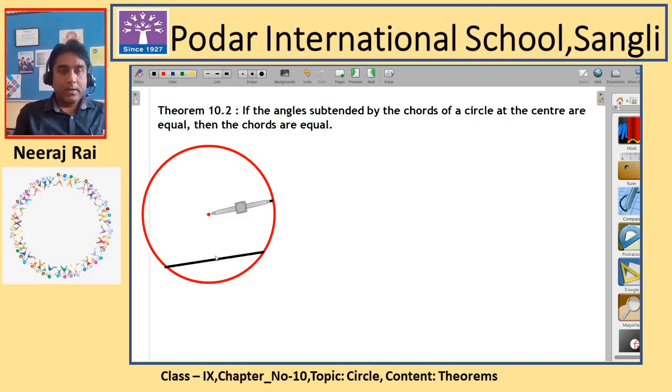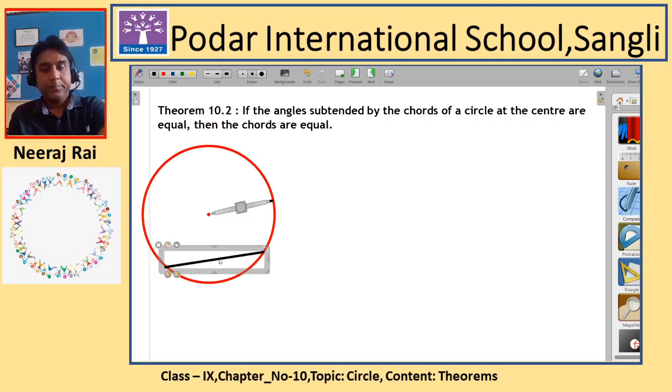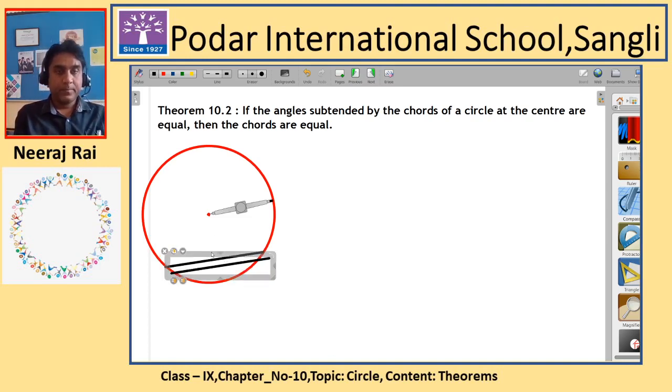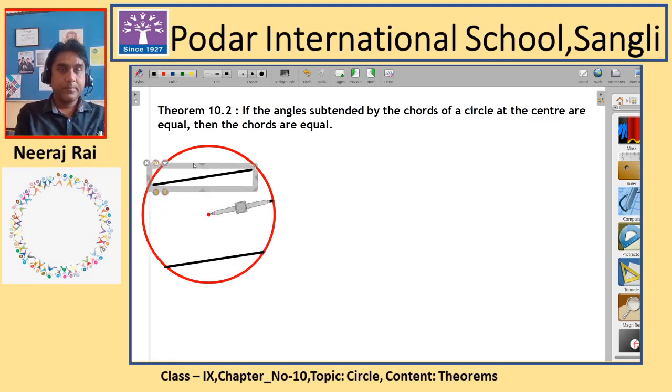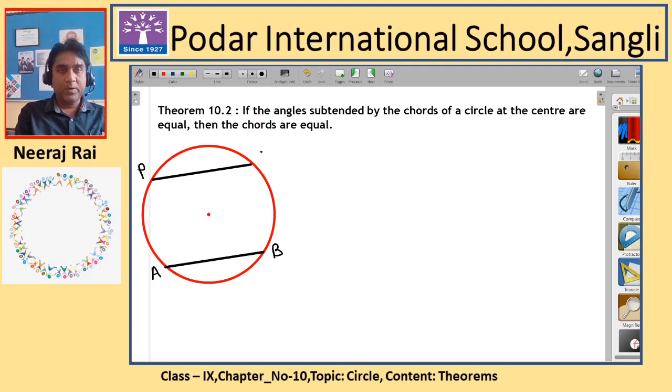We'll copy this chord and take the same size chord again. So we got two chords, and the names of these chords are, say, AB. And again I have taken the same name, PQ. You can take different names also, it is not necessary to take the same name. And then we'll join this.